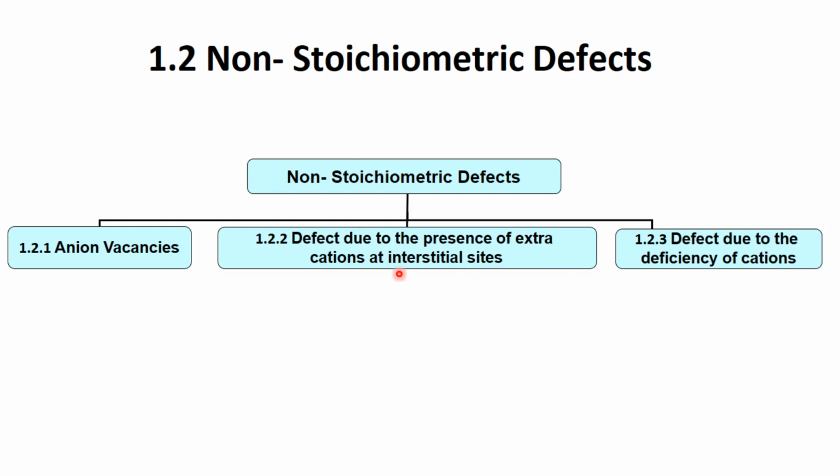Let us discuss these non-stoichiometric defects one by one. One thing we should keep in our mind is that in non-stoichiometric defects, the stoichiometric ratio between elements will be changed.